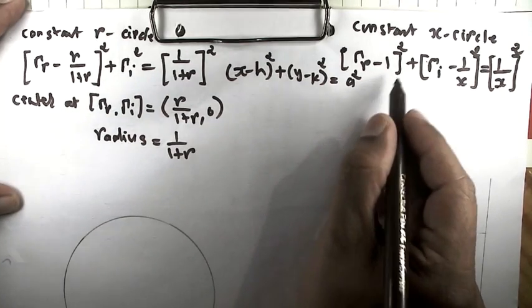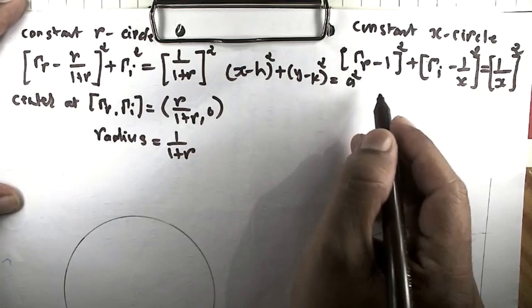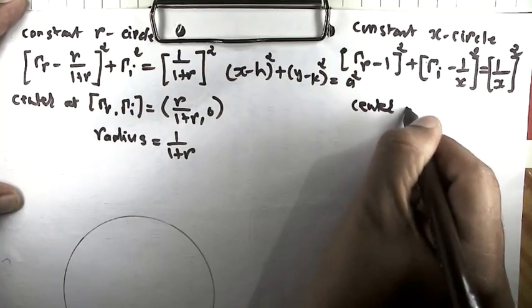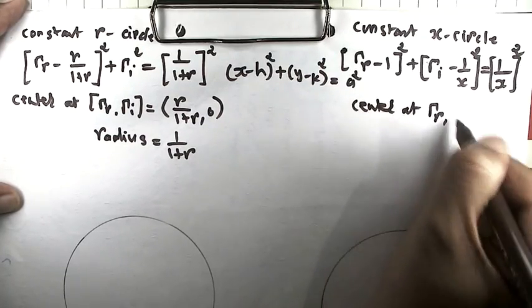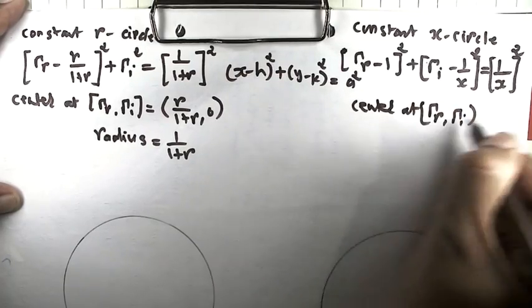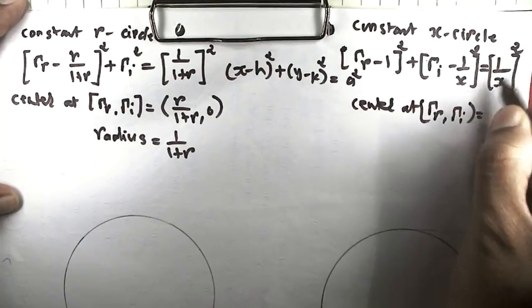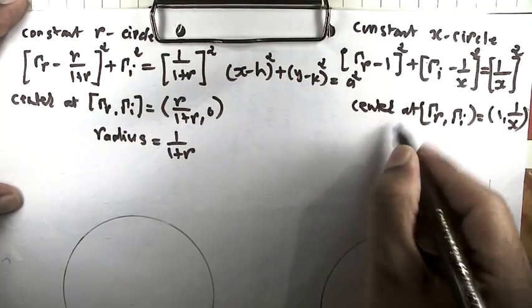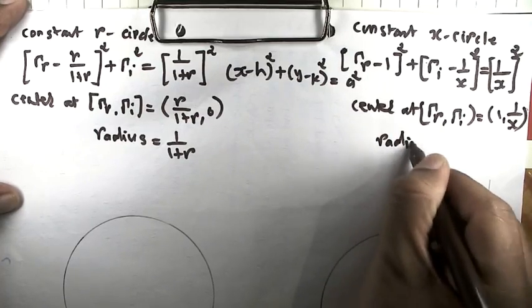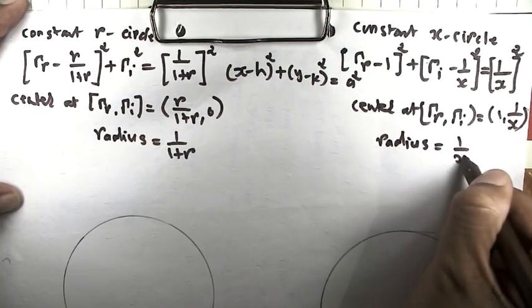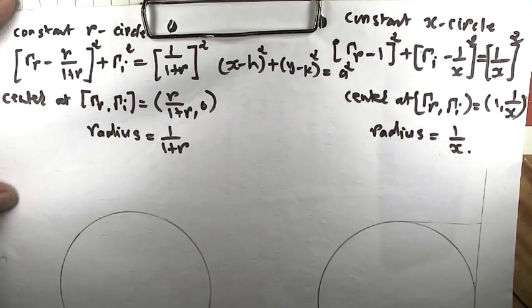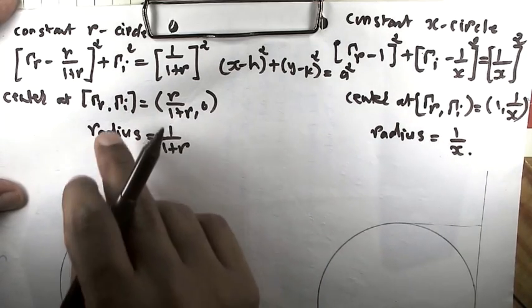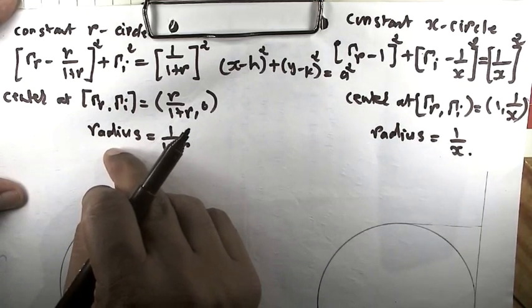Same way for constant x circles, the center at sigma r, sigma I is 1 comma 1 over x, and the radius is equal to 1 over x. So now we have the two major circle equations and their centers and radii.